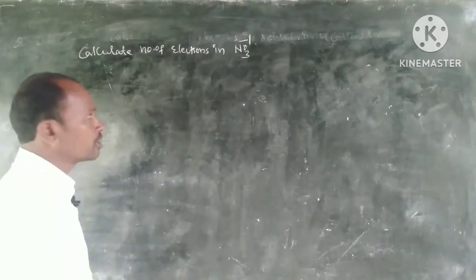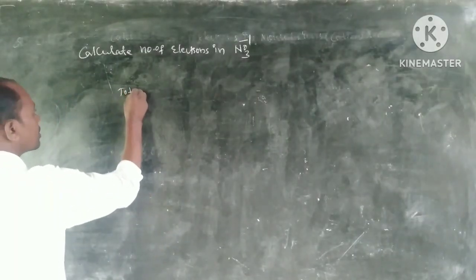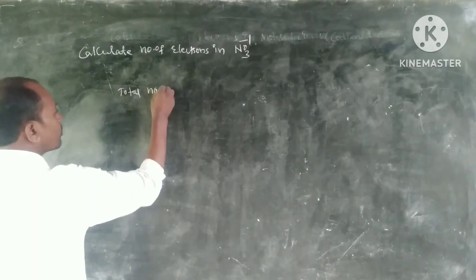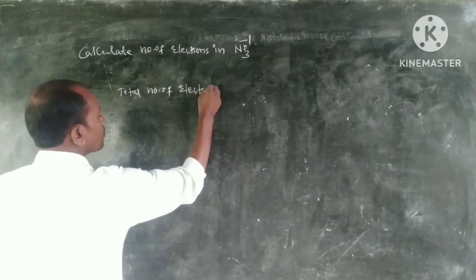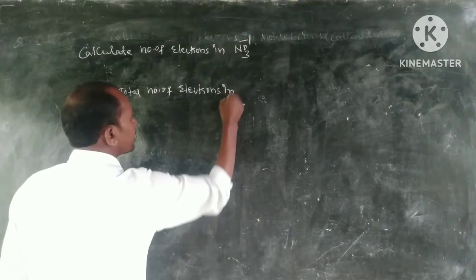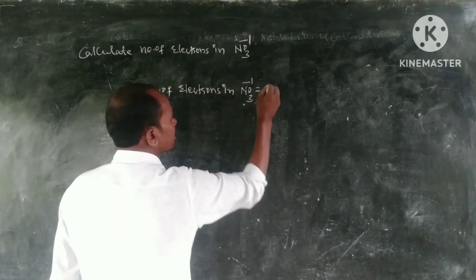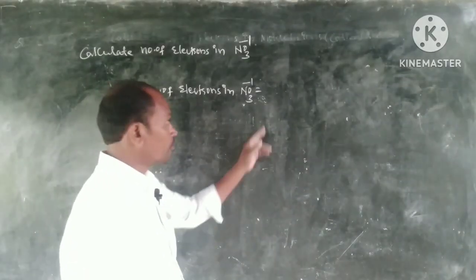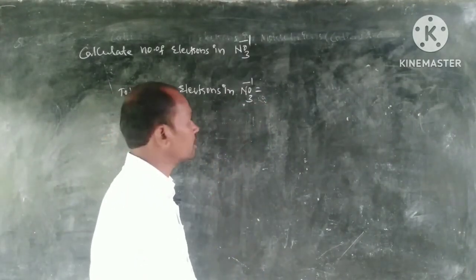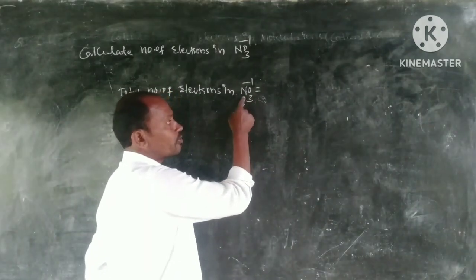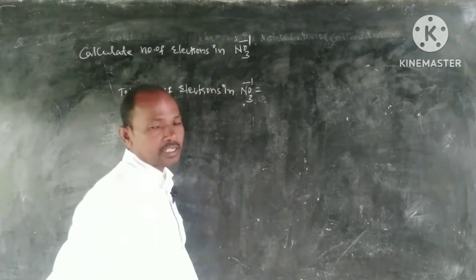The total number of electrons in NO3 minus 1 is equal to the sum of atomic numbers of all atoms in the molecular ion. How many atoms are there? One nitrogen and three oxygens.